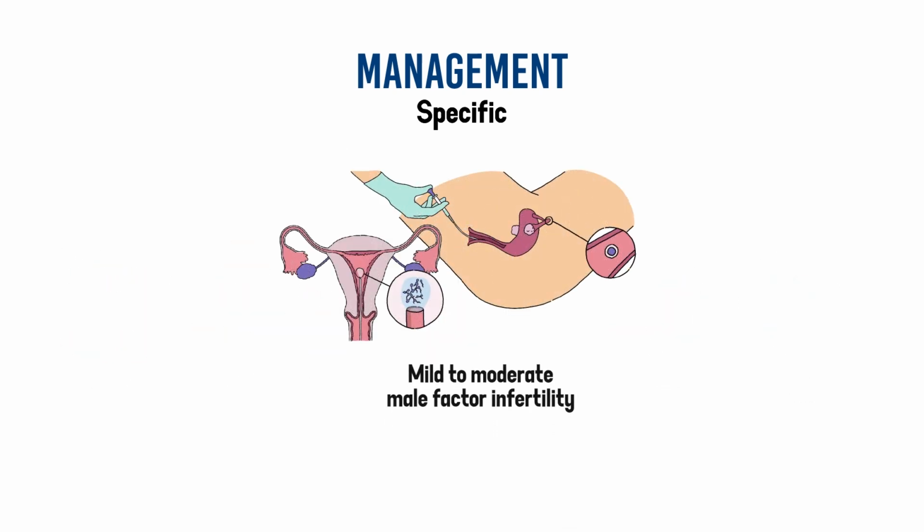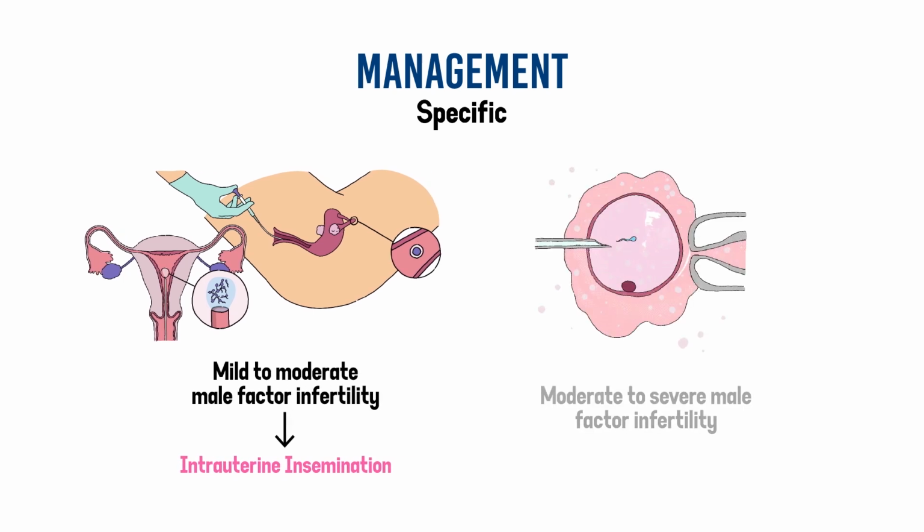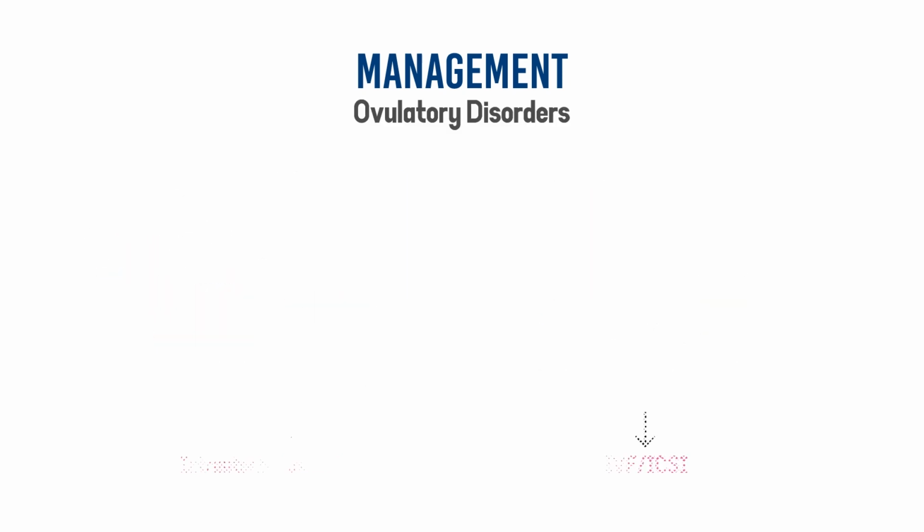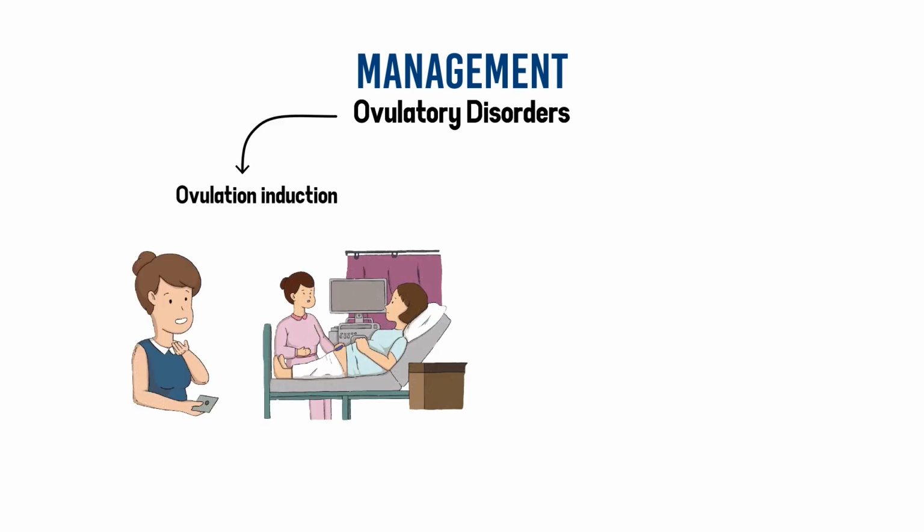For mild to moderate male factor infertility, intrauterine insemination may be suggested. For moderate to severe male factor infertility, in vitro fertilization or intracytoplasmic sperm injection may be suggested. If the cause of infertility is due to ovulatory disorders, ovulation induction may be commenced for the woman.